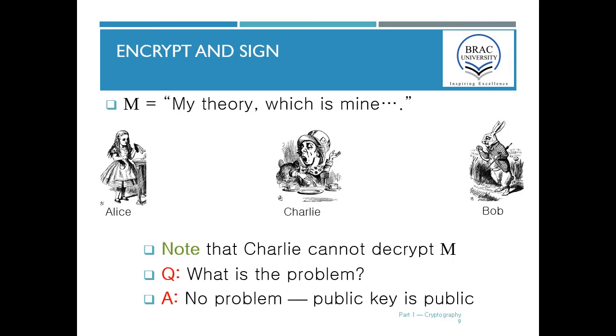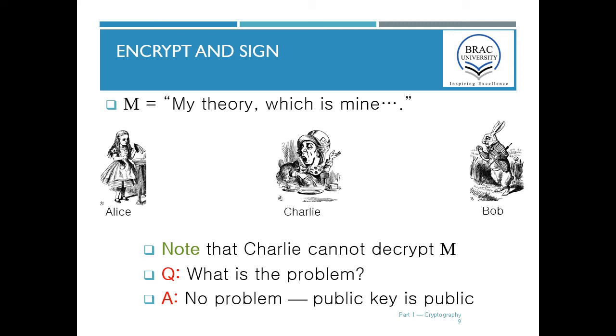Let's think about another story. Suppose everything is solved and Alice and Bob don't have any problem right now. Alice is doing some research on some theory and wants to communicate with Bob. But Charlie is still angry with Alice and Bob.